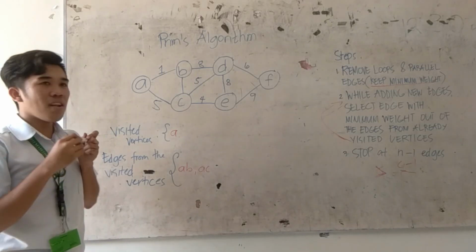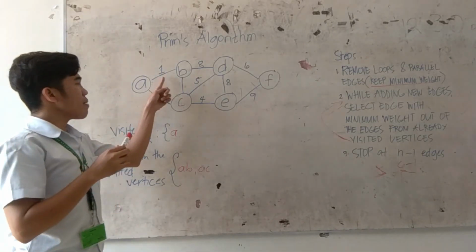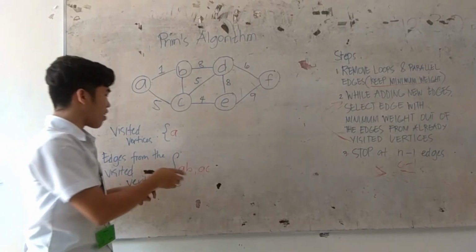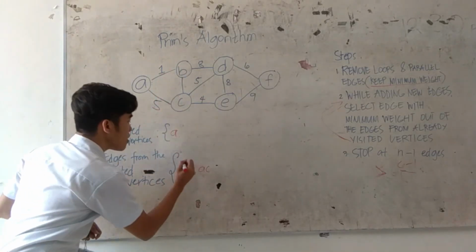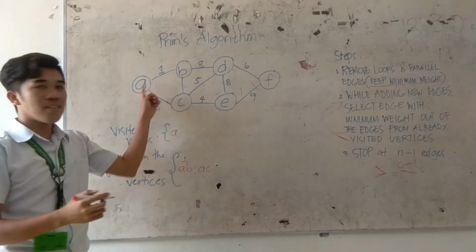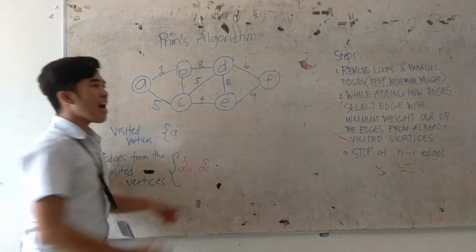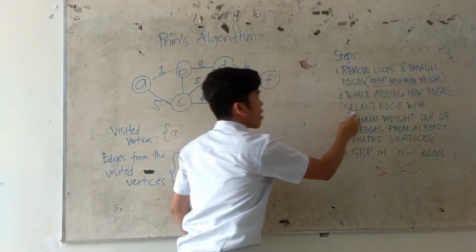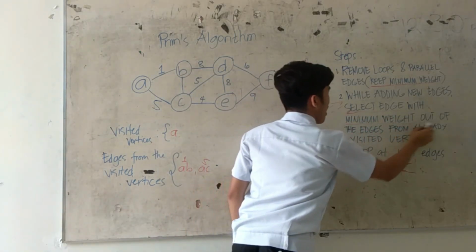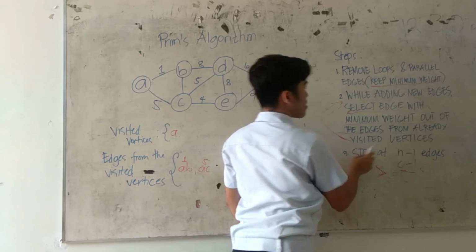Okay? Now let's write the cost of these edges. AB is 1, AC is 5. Now, let's select the edge with the minimum weight out of the edges from already visited vertices.